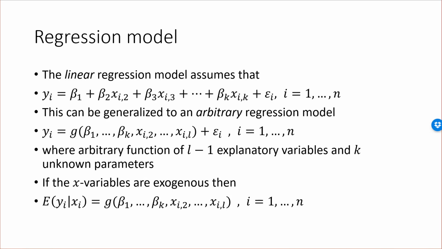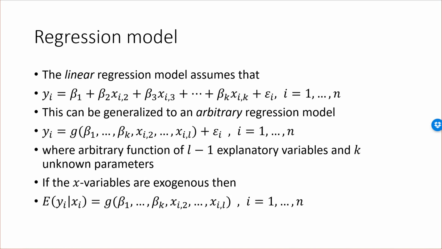So let's talk about this linearity concept a little bit closer, because this g function depends on beta parameters and x variables. And that actually gives rise to two ways that this function can be linear. It can be linear in the betas and it can be linear in the x's.